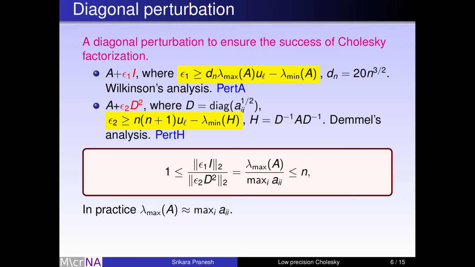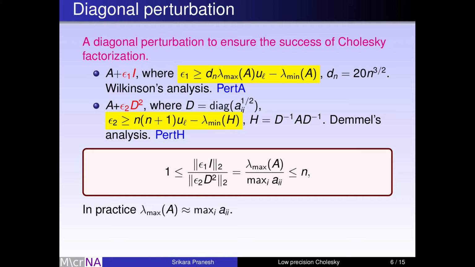The first perturbation, which I call Pert A here, essentially results in a large perturbation of your matrix. You don't want that to happen, because you want to use these Cholesky factors later as preconditioners. And if you perturb them too much, the information about the original matrix is lost, and then it's not a very good preconditioner. So whichever causes a smaller amount of perturbation is good.